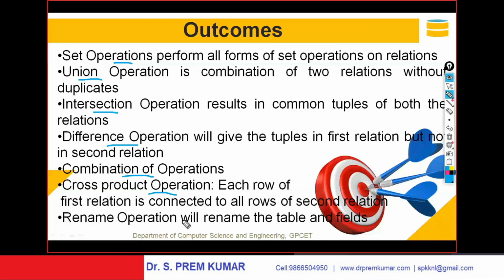Union operation we represented by U. This is the symbol of the intersection operation. Difference operation is represented by minus. And the cross product operation is represented by the multiplication symbol. So this is what in this class we discussed about the set operations.